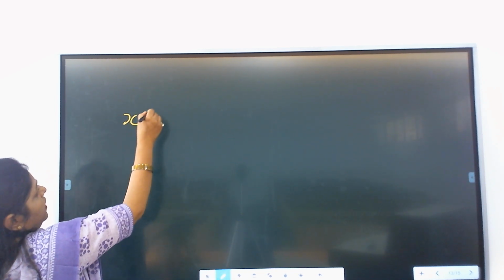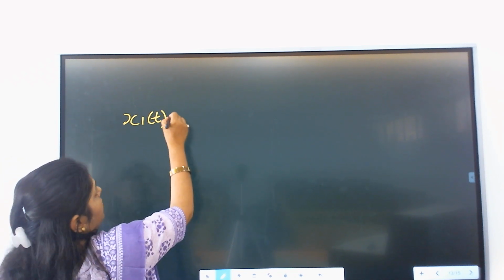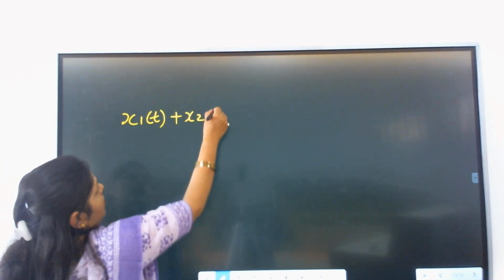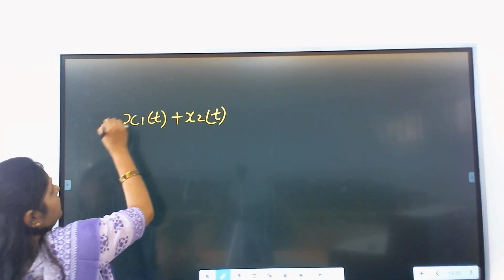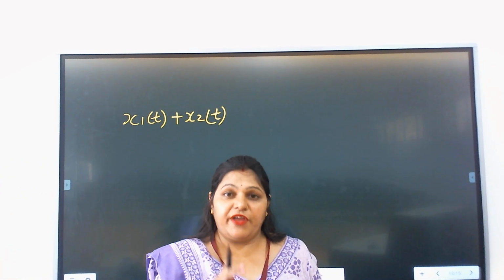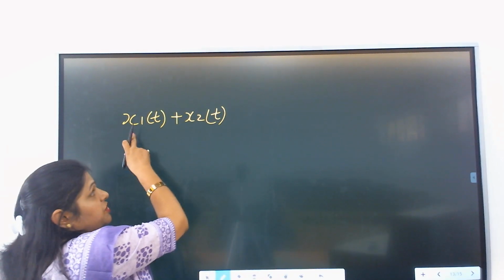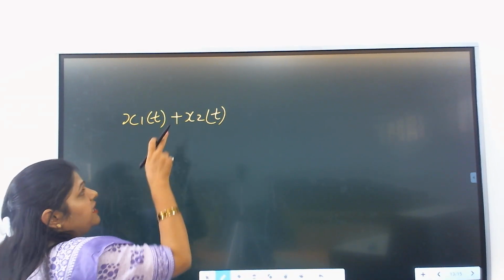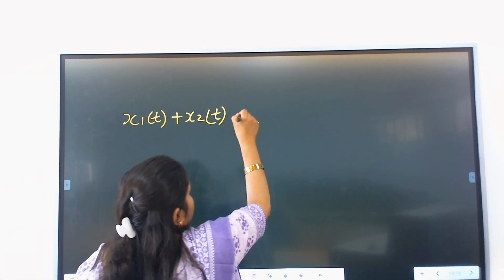Next step is we will put the combination of both inputs, x1(t) plus x2(t), into the system.